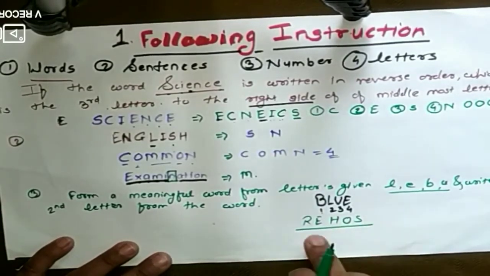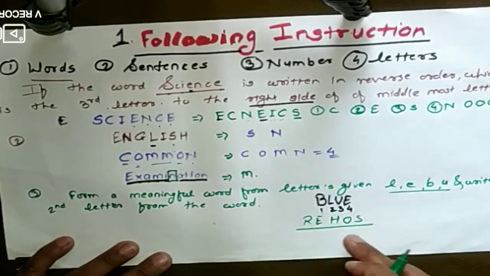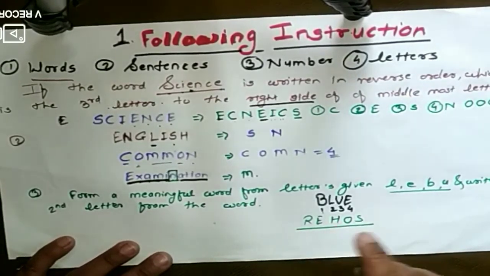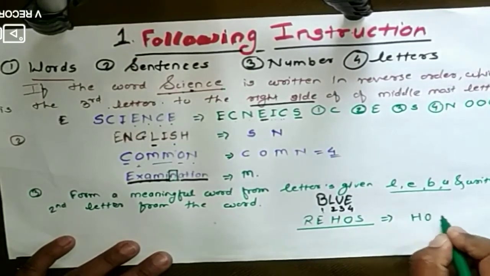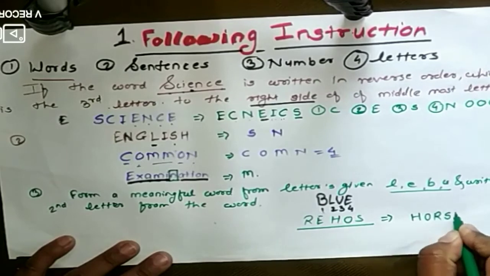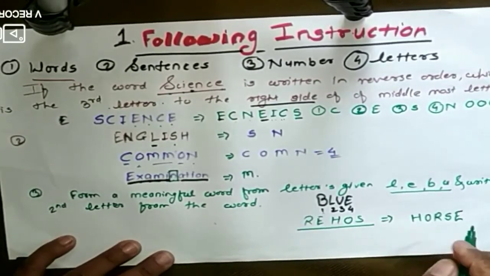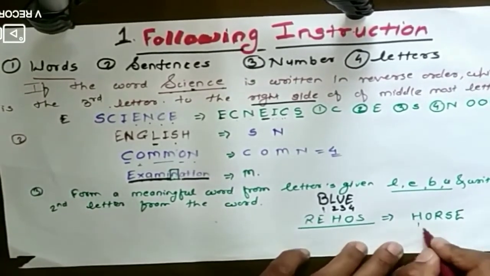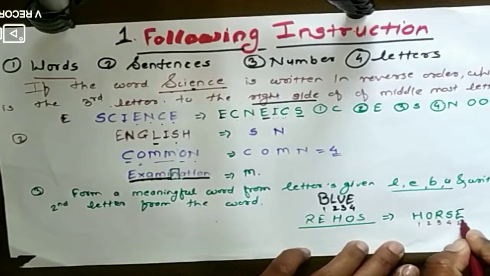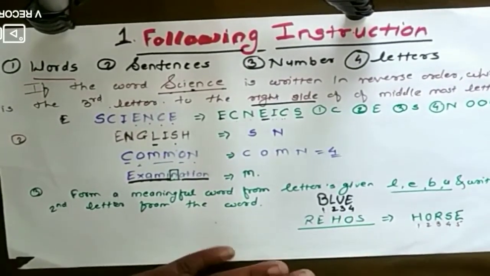If you try each letter with the other letters, you will get it. So which meaningful word is formed? HORSE, horse. Okay, so horse is the meaningful word, and inside this word, if we write the positions 1, 2, 3, 4, 5, then you will understand any question they ask.